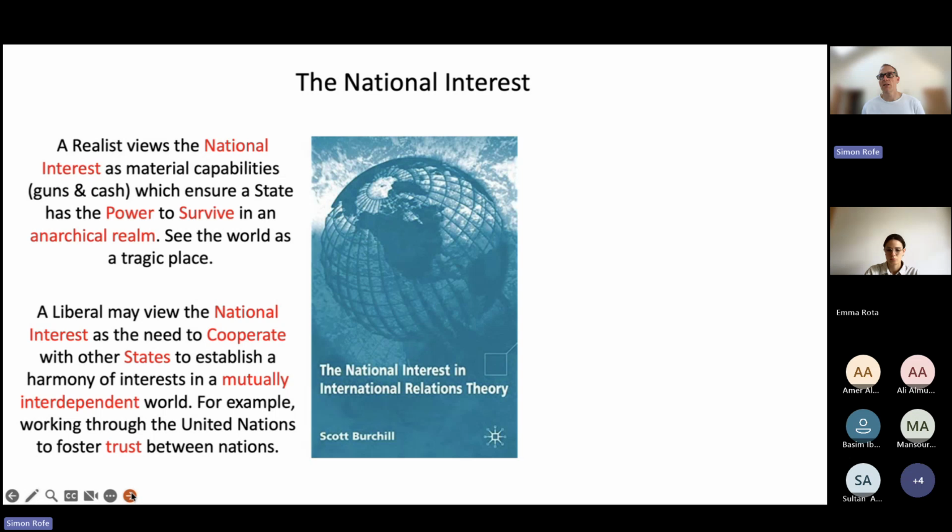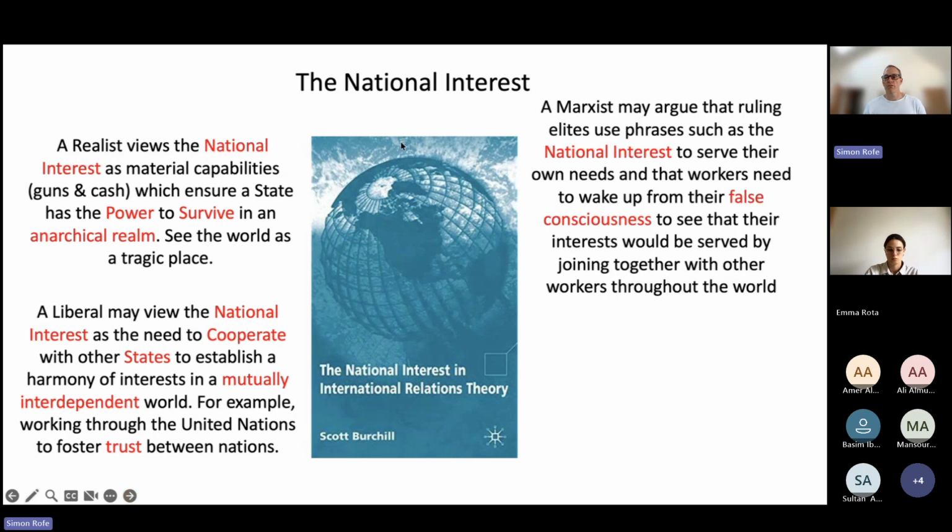We value, as we did previously in talking about governance and law, many of the same things, wherever we come from. Murder is a bad thing. So we share many of those same values, and we can build and foster trust between organizations, in this case nations, that have those similar understandings. So that's the liberal view, that there's opportunity to cooperate.